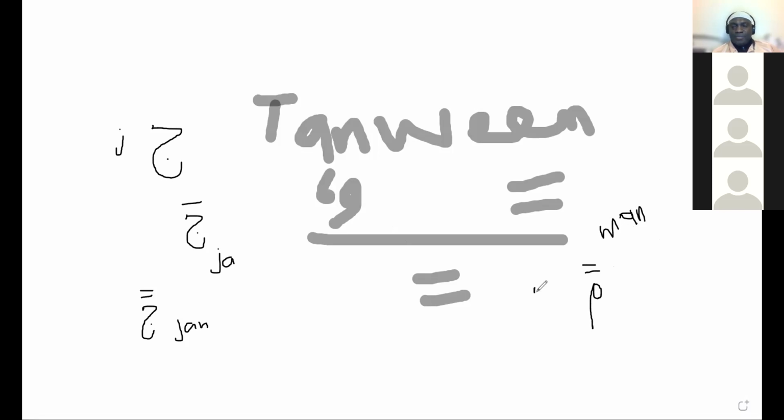Okay. I write meem and I put kasratain. This will give me what? Min. And the last one, meem, and I put dammatain as well. Mun. So man, min, mun.